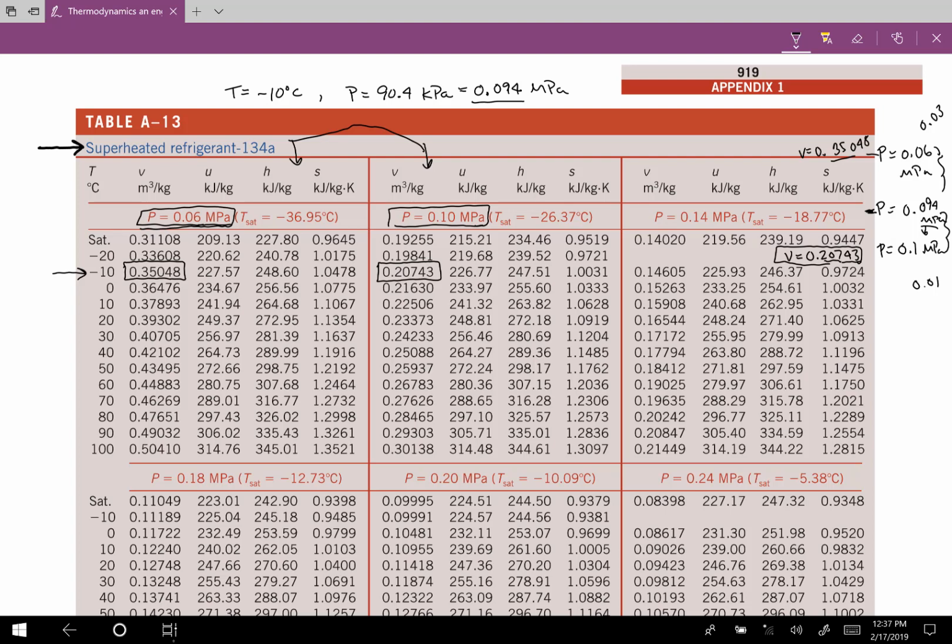different table. There's software that tabulates all of these values, and you would be able to look up the specific pressure, which is 0.094 megapascals at negative 10 degrees Celsius, and it would tell you what the specific volume is, what the enthalpy is, and what all the other values are.